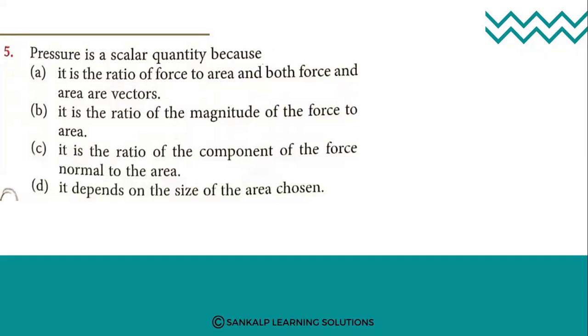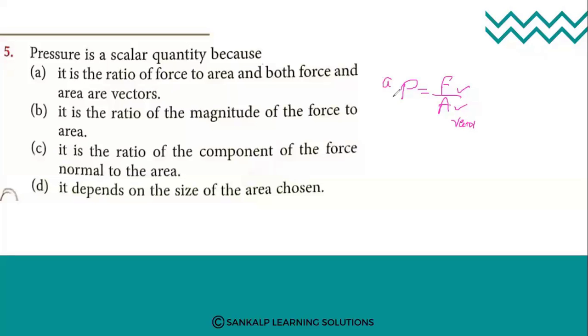See what they have given. Option A: it is the ratio of force to area, and both force and area are vectors. We know that pressure is defined as force per unit area. Here force and area are both vector quantities.